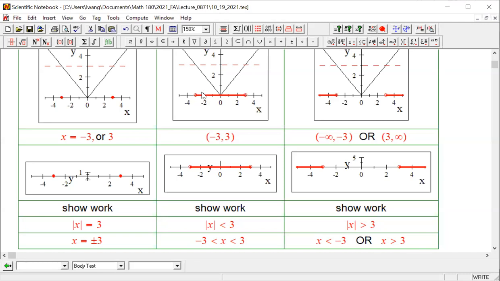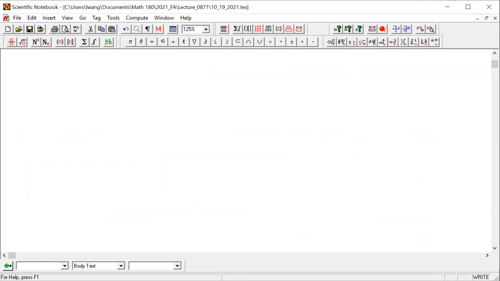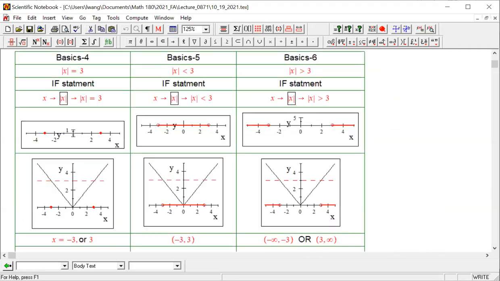So if you look at the notes, basic 4, 5, 6, it should be on page number 6. I would like you guys to arbitrarily choose the question, okay? Do you guys have any questions?